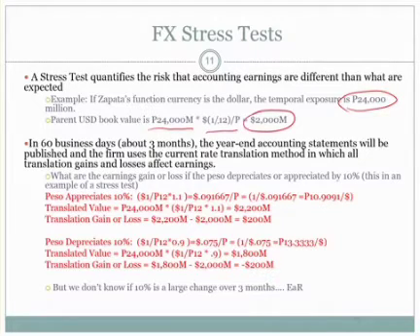So it would be carried on the parent's financial as a $2 million asset, or $2,000 asset. Say in 60 days, about 3 months, you expect the year-end accounting statements are going to be published. And they're going to use the temporal method, in which the gains and losses affect earnings.